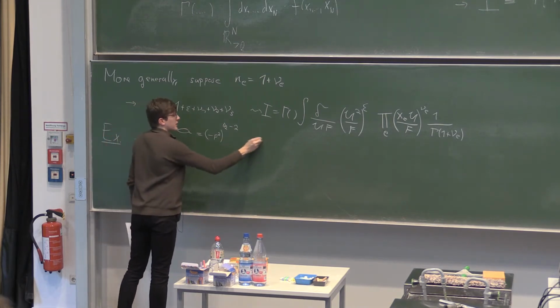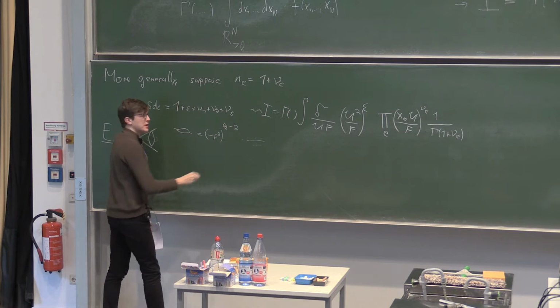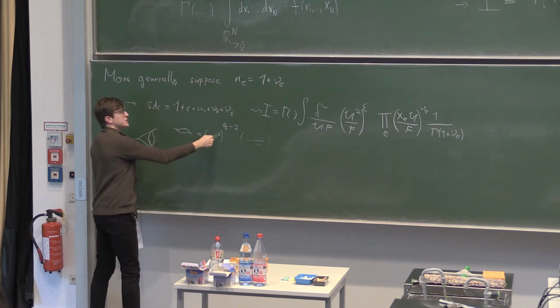And then you have some gamma functions, right? Then you have some epsilon expansion, multiplying it. But as a function of the momentum running through it is just a power.